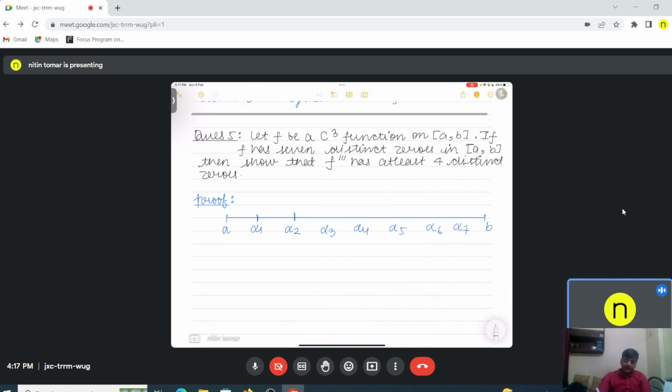These are the zeros; they can be equal to a or b. Now, the geometric idea.